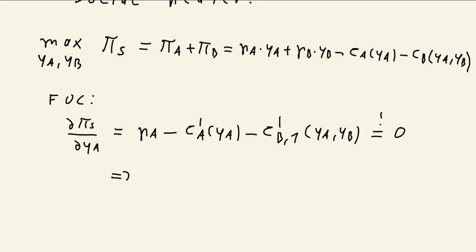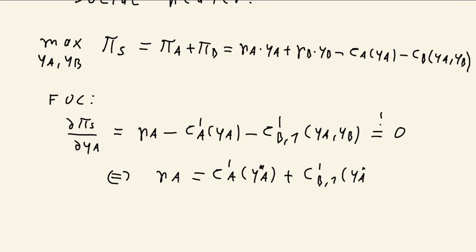And if you rearrange this, what you get is that PA is equal to C prime A YA plus C prime B 1, or let's put a star here to denote that it's an optimum, YA star YB.